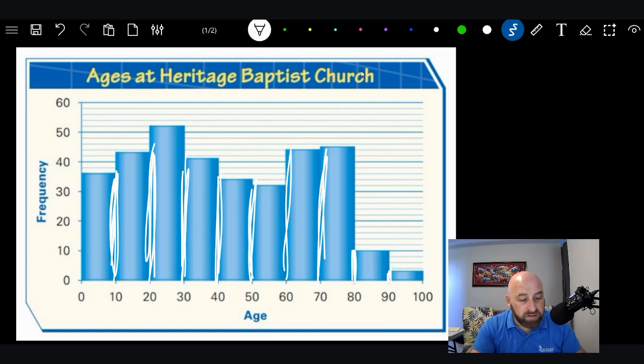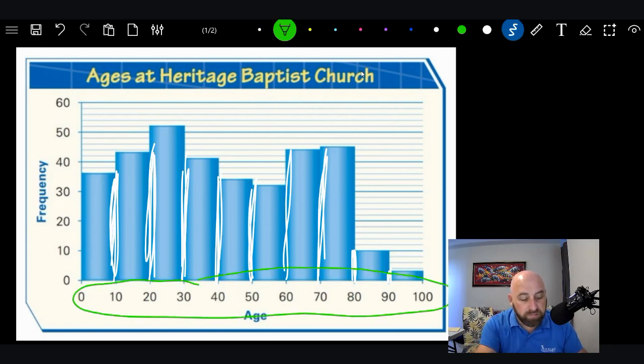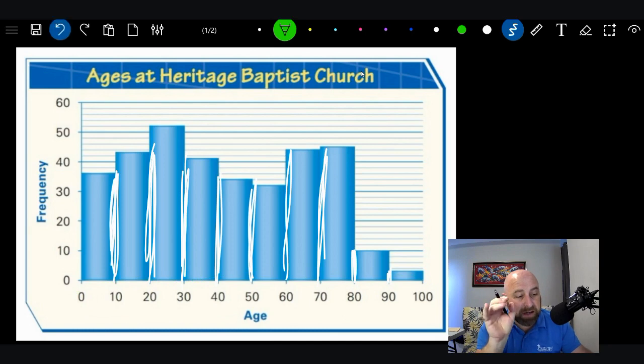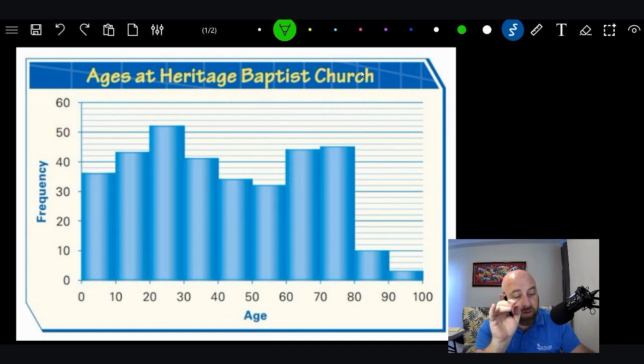Notice where the divisions are. The divisions are at key intervals. Remember, those are the intervals that we used on the stem and leaf. Categories: 0, 10, 20, 30. Benchmarks. Big categories.